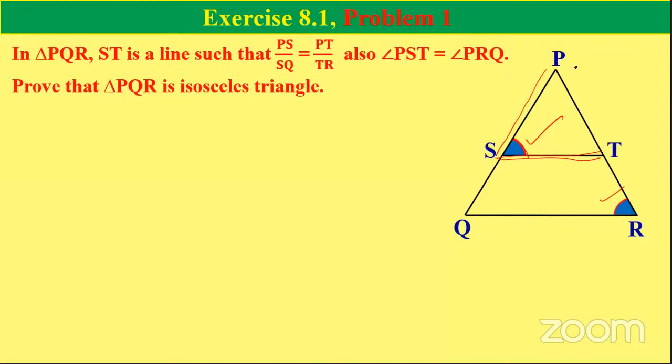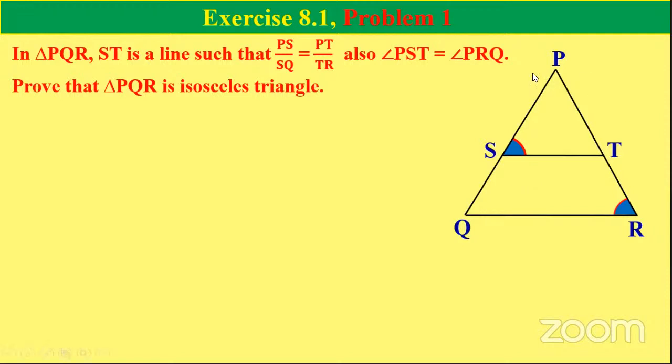PRQ starts from P up to R, and then turning at R, move to the Q side. That is angle R. These two are equal. They are given. We don't know why or how they are equal; by default, in the question, the angles are equal.